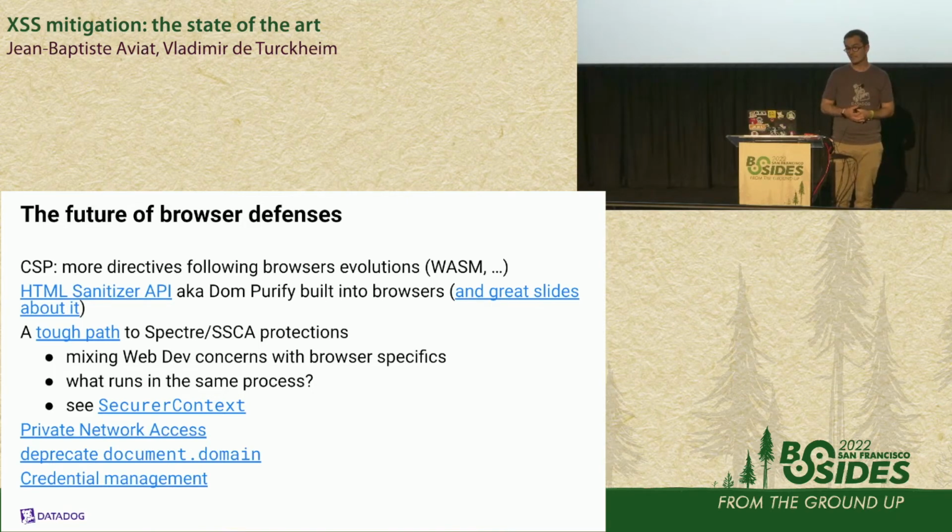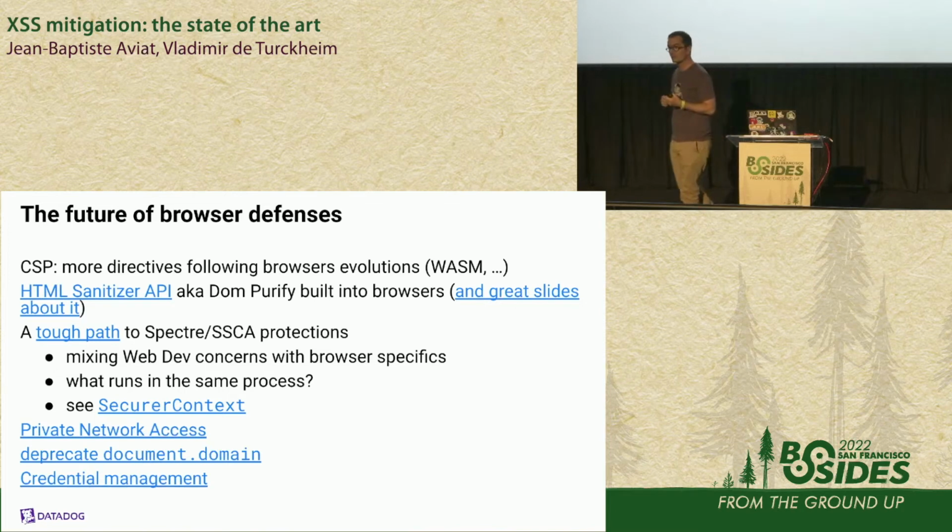Another hard thing is Spectre and side channel attacks protections. So you know the principle. Spectre allows leaking any piece of data from a given process. So that's a very powerful attack.